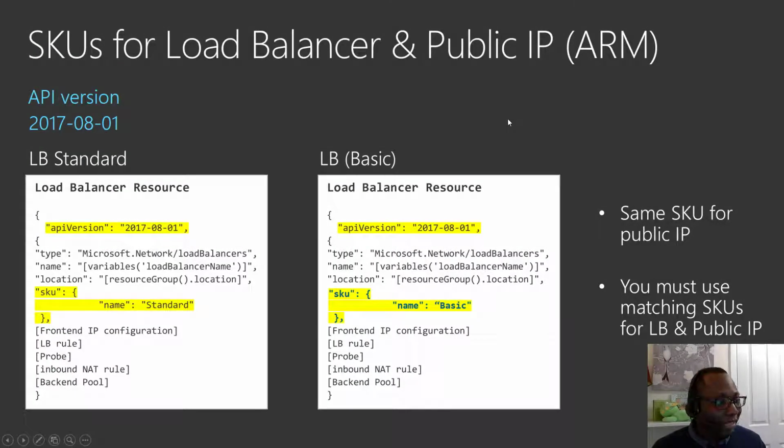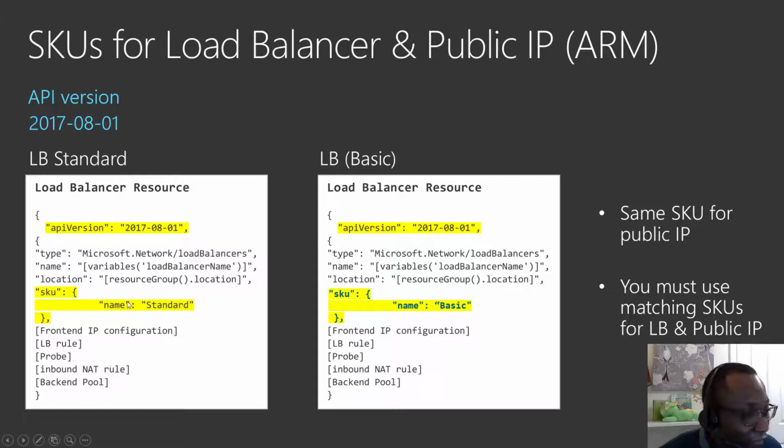So again, if you wanted to deploy this, it's actually relatively straightforward. If we're using the Azure ARM template, we need to ensure that we have the right API version specified in our template for the resource. So we specify the API version in the section for the resource.